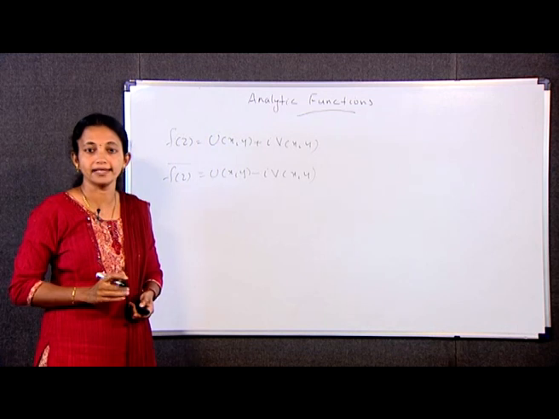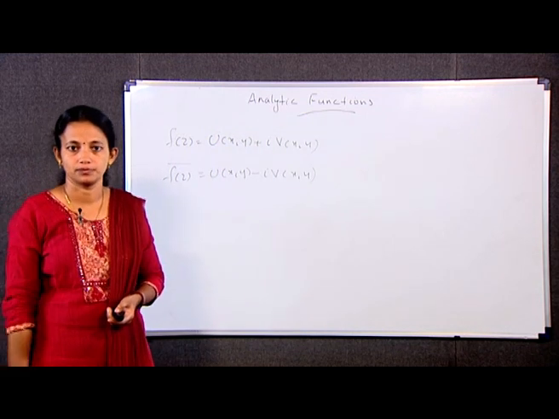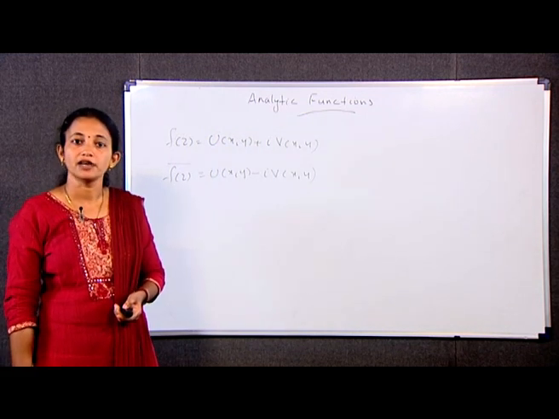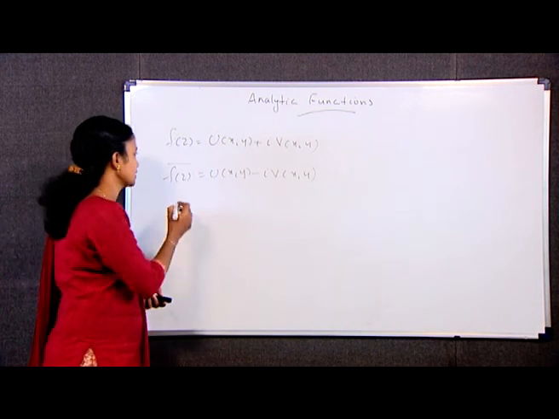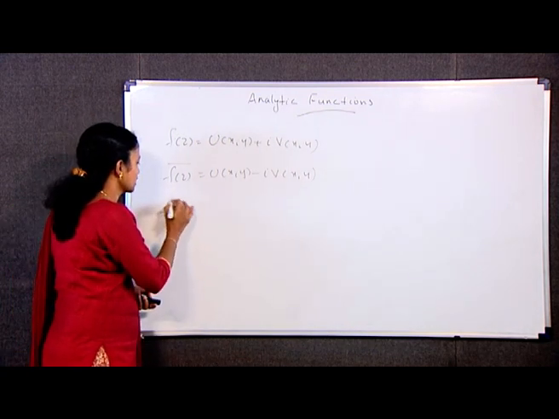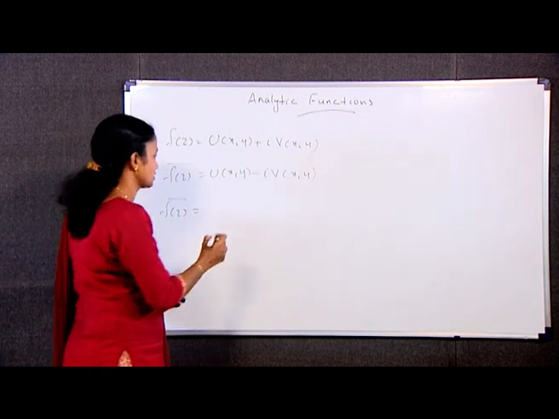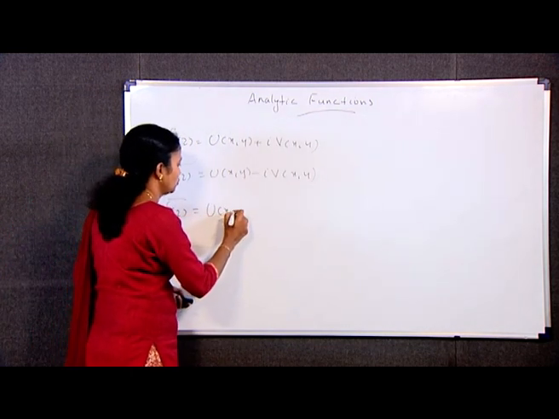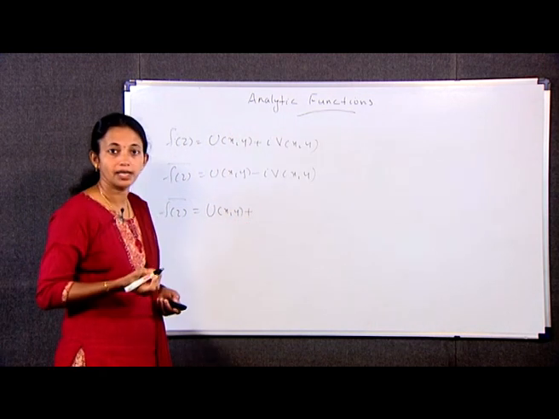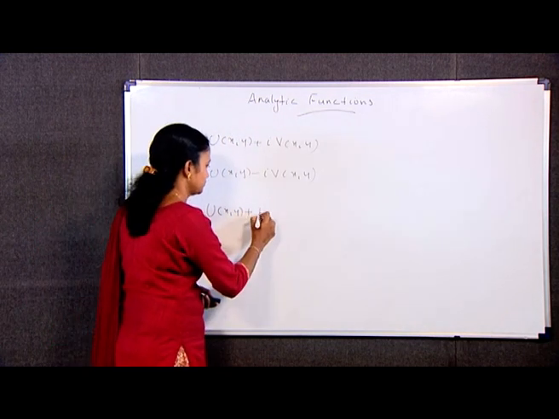I have to show that f(z) must be constant. We write f(z) whole bar is equal to U(x,y) plus i V(x,y).